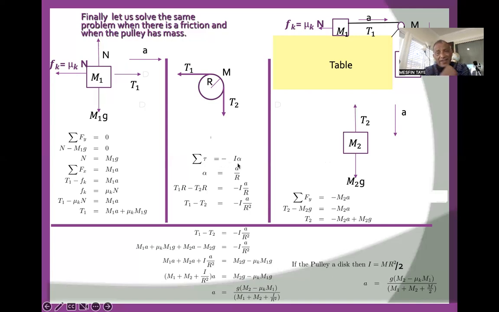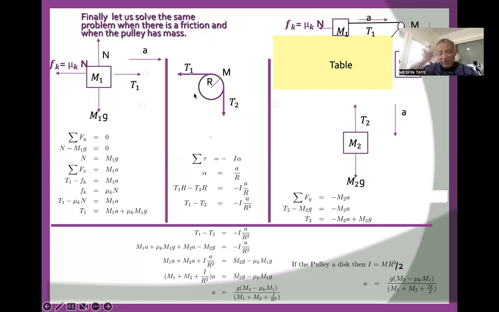Wait, why did I make it negative? Because angular acceleration is a vector quantity. It has magnitude and direction. If you are moving in the clockwise direction and speeding up, alpha is negative. So the whole system is moving what?